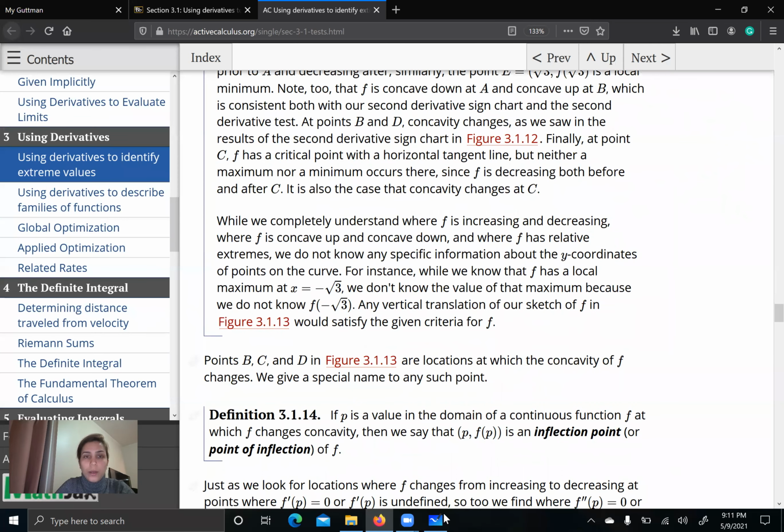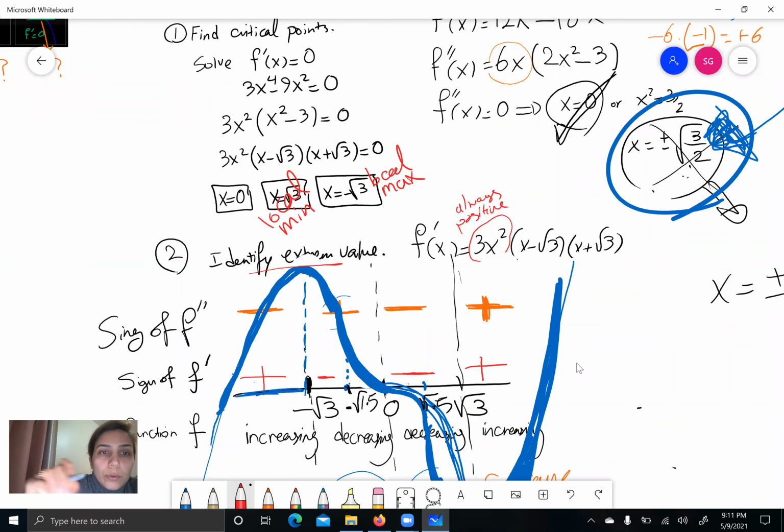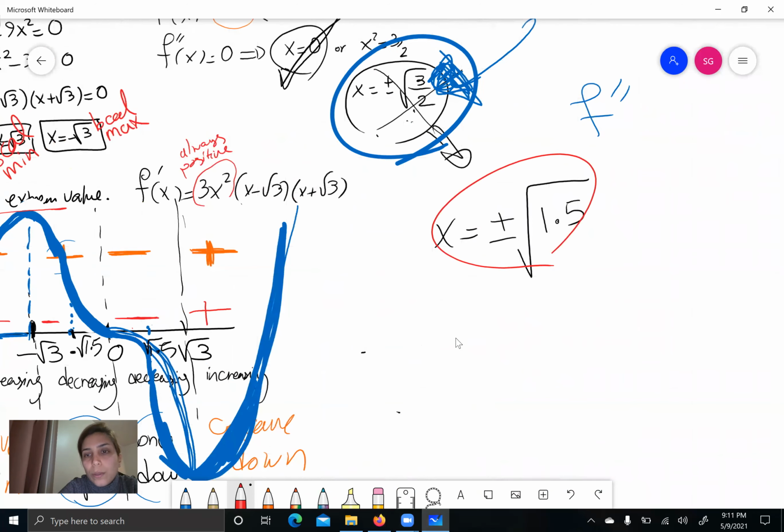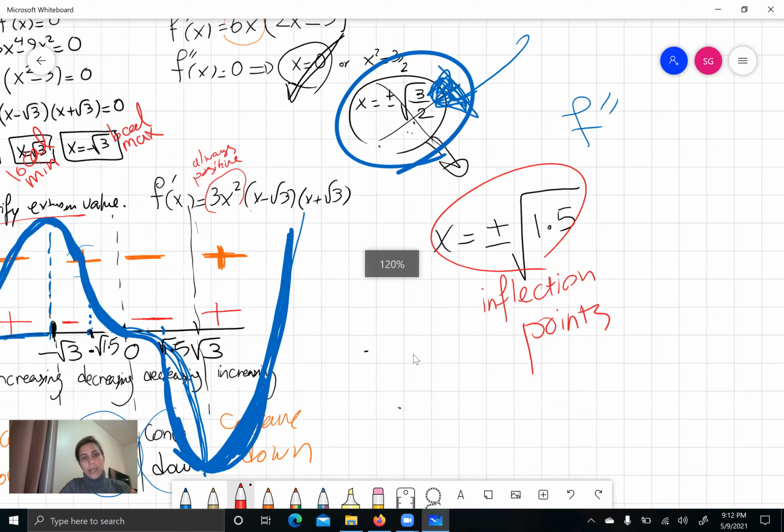So if I want to complete my writing, 0 is an inflection point. And also, these are inflection points, positive and negative square root of 1.5. So we identified the role of each one of these values.